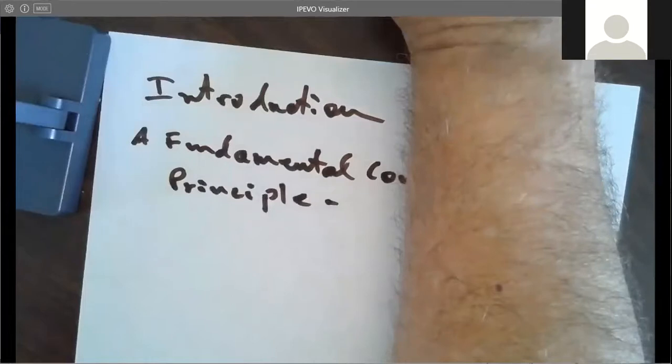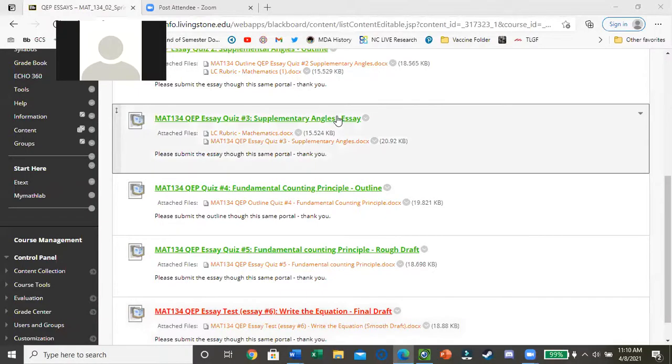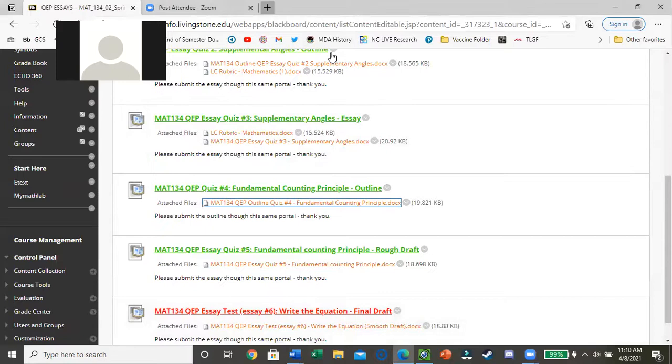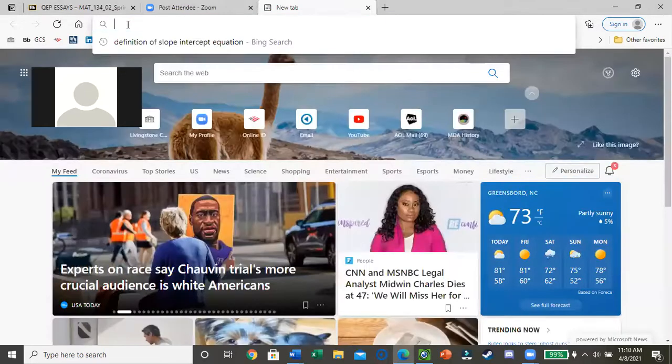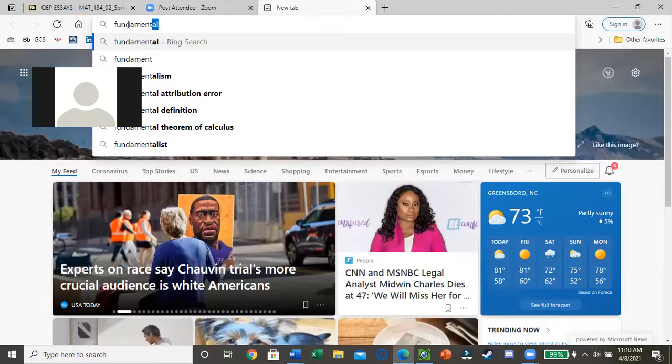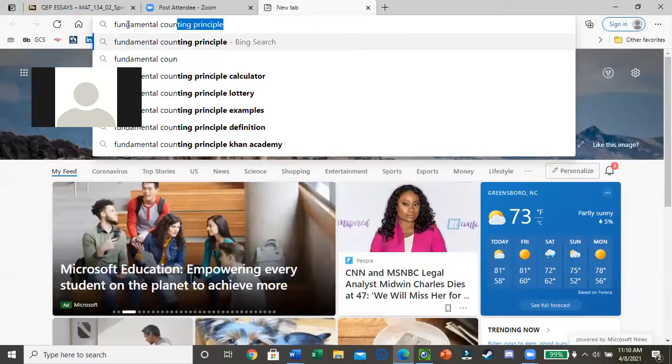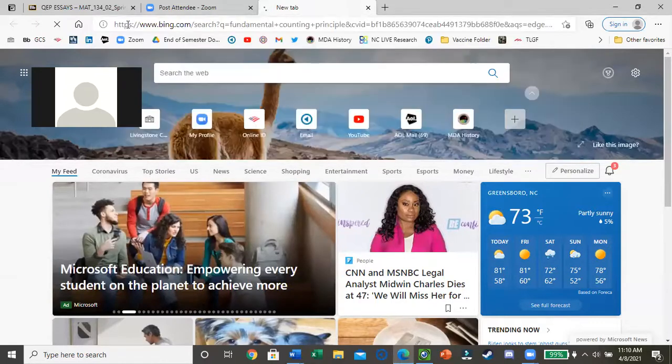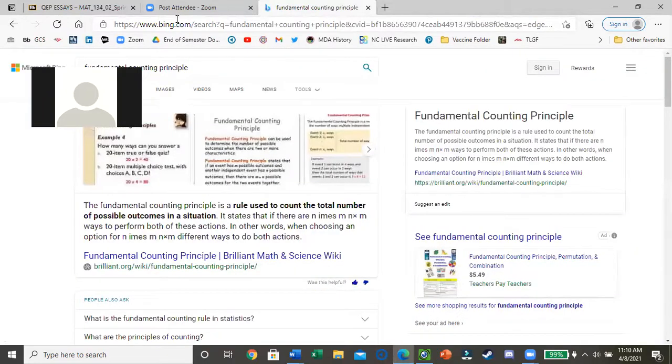For example, if you go to a web search and type in fundamental counting principle and hit enter, there are several different web places that you could go to.